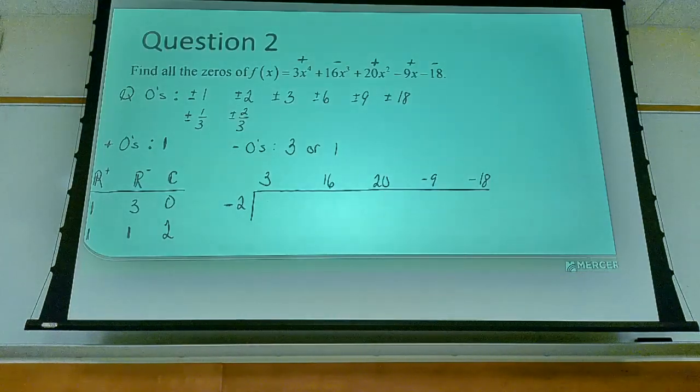Times -2, it's -20, plus 20 is 0, which means that -9 is going to drop down. -9 times -2 is 18, minus 18 is 0. There's a 0.